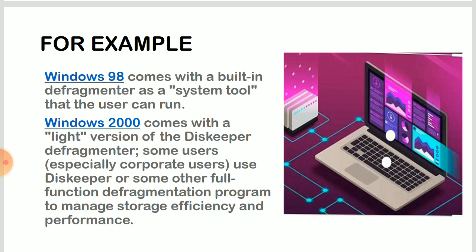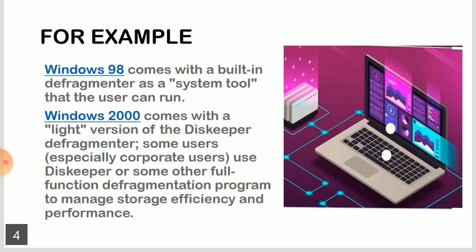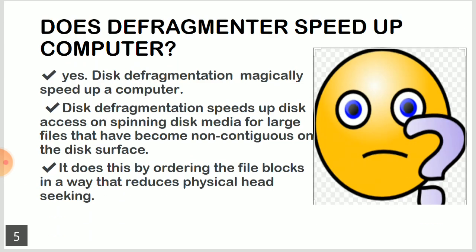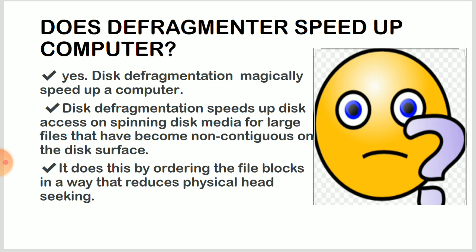Now, I would like to ask a small question: does a defragmenter speed up a computer? Yes, disk defragmentation speeds up a computer. When you work with a defragmenter, you can understand it. Disk defragmentation speeds up disk access on spinning disk media for large files that have become non-contiguous on the disk surface.